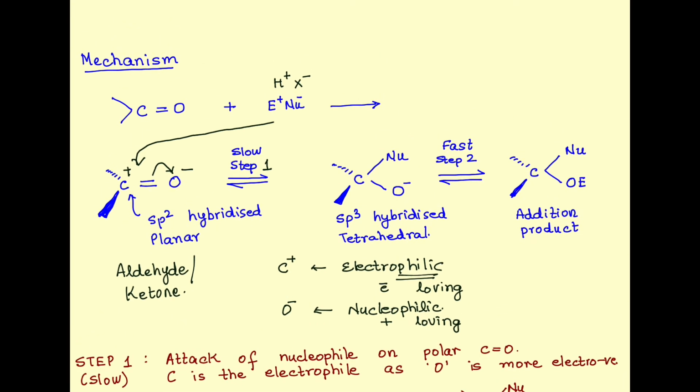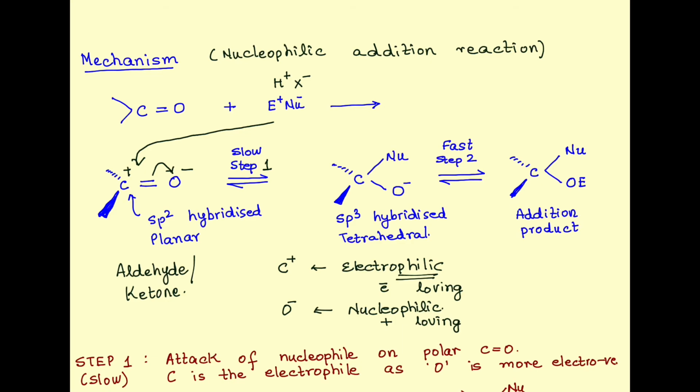That is why this reaction is termed as a nucleophilic addition reaction. So addition across double bond involves nucleophile as the first attack, although both are getting added, nucleophile as well as electrophile. But because the first attack or first attachment takes place by the nucleophile, that is why we call it as nucleophilic addition reaction.